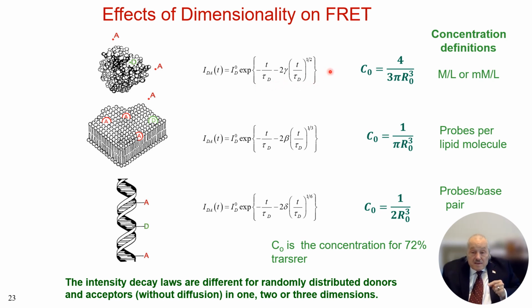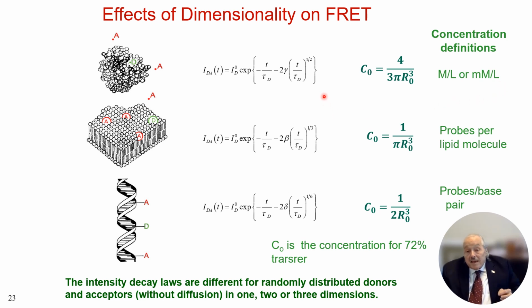And what is important is they have a few different versions of this. One is C0, where there's 74% quenching, but the concentration is in moles per liter or millimoles per liter.